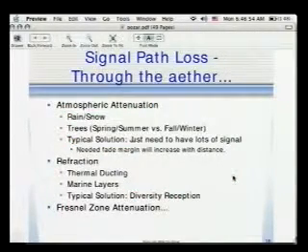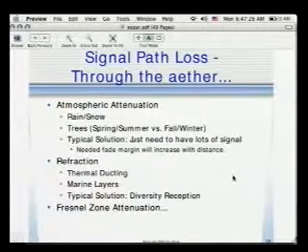Other issues that you're going to have to deal with are, again, atmospheric attenuation like rain and snow. Refraction. Refraction can be best explained as if you take a glass of water and stick a pencil in it, you'll notice that if you look at the pencil from the side, the pencil sort of bends. You can have the same sort of effect through the atmosphere, especially with longer paths like maybe 10, 20 kilometers, where the atmosphere will bend the signal.